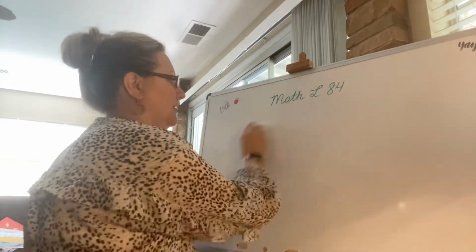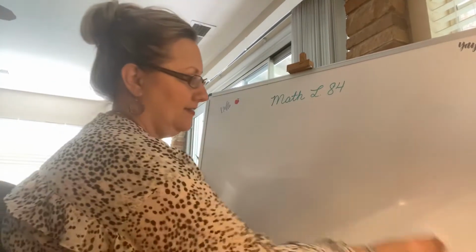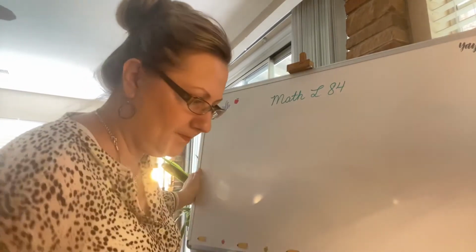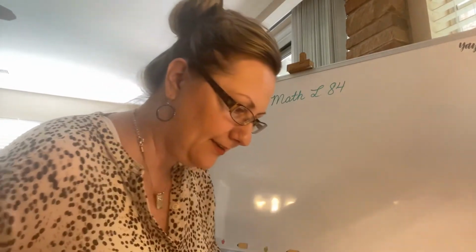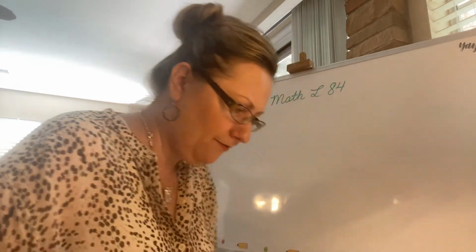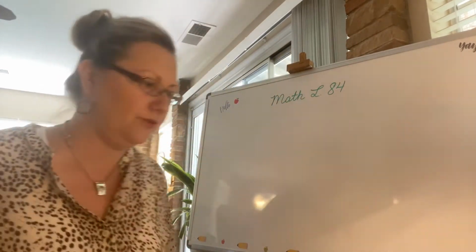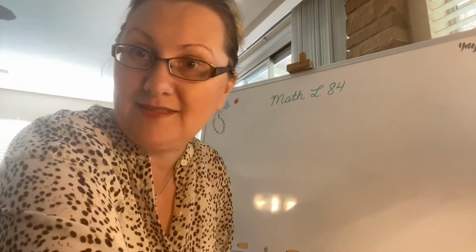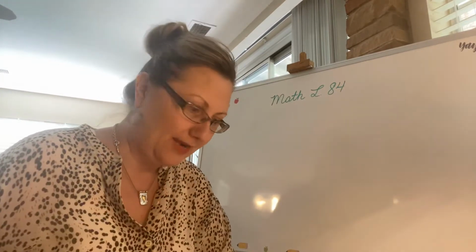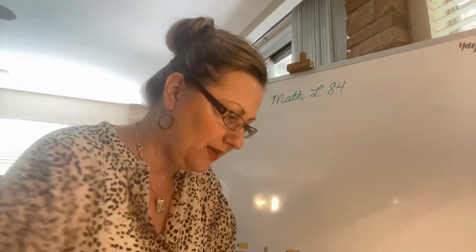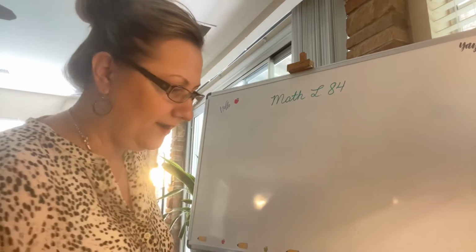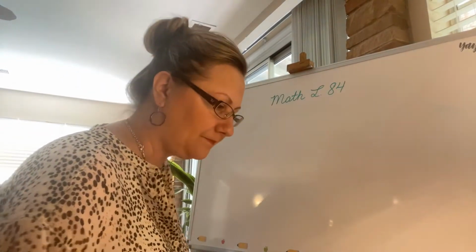Okay. All right. I have a pretty clean board now. Let's get started. So we're going to go get started on our practice problems. The very first one is number 4 in lesson 84.